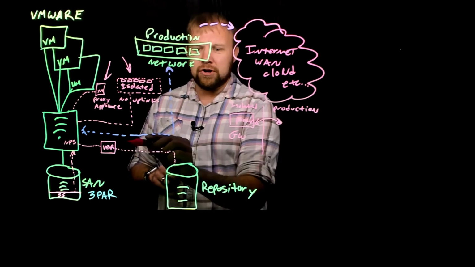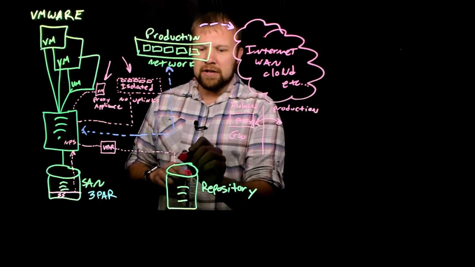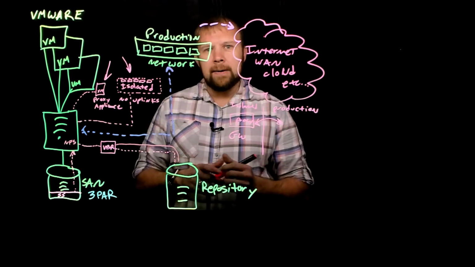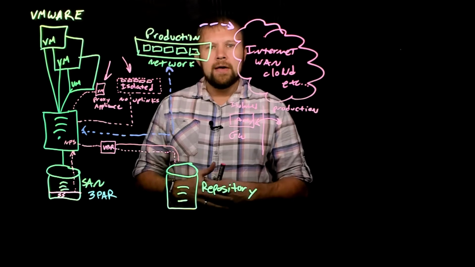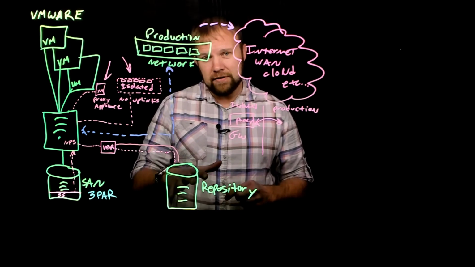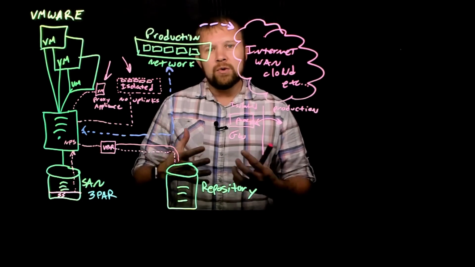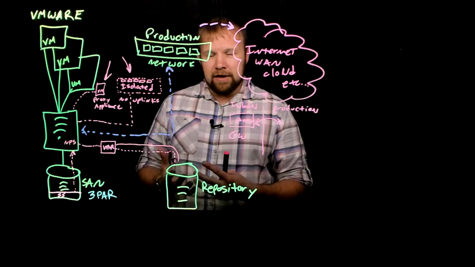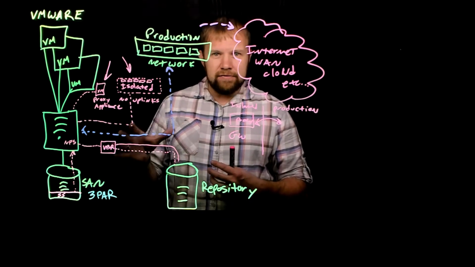I've drawn this, you can follow this line here. What will essentially happen is the Veeam Backup and Replication server, because it has access to the Veeam backup files living on the repository, will present that backup file as an NFS datastore inside vSphere.